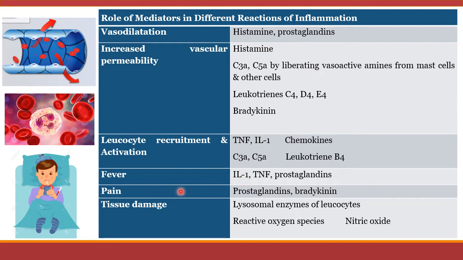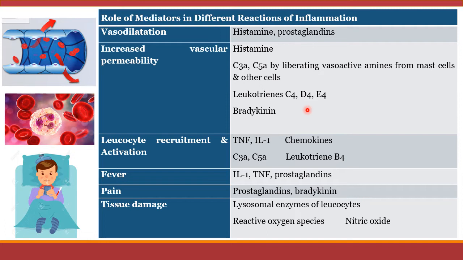Pain is mediated by prostaglandins and bradykinin. And finally, tissue damage will mostly happen in acute inflammation because of the lysosomal enzymes that come from the leukocytes, the reactive oxygen species, and also nitric oxide.